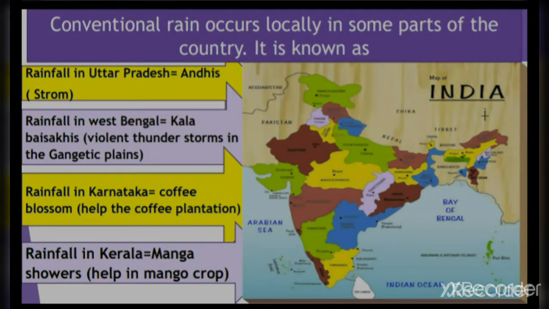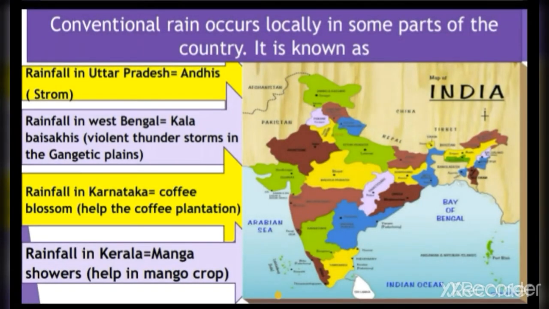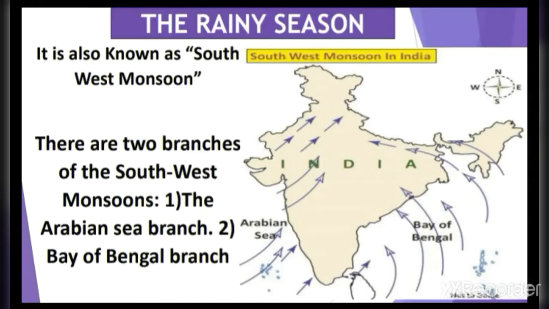In Kerala, mango showers, which help the mango crop. These are the conventional rains which occur locally in some parts of the country: in Uttar Pradesh Andhi, in West Bengal Kala Baisakhi, in Karnataka coffee blossom, and in Kerala mango showers.